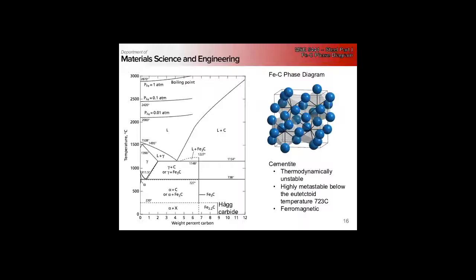If you're out here, it gets classified as a cast iron. And cast irons we'll talk about later at the end of the term. So really, for this part of class, we're only concerned about here, mostly in the neighborhood of the eutectoid region here, right? Okay, so what goes on up in this corner here?